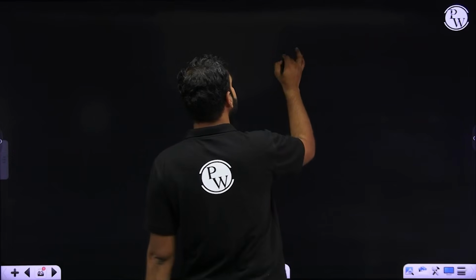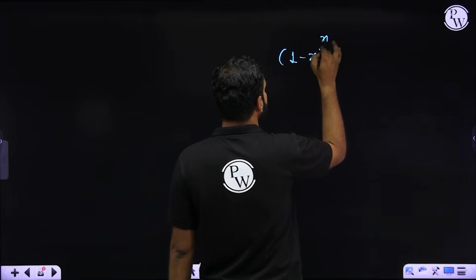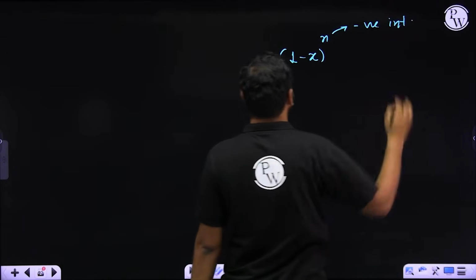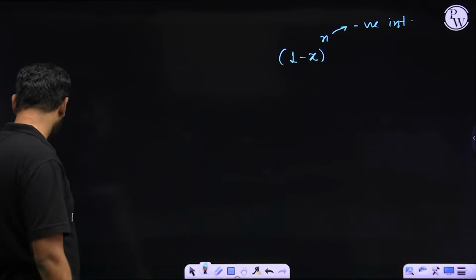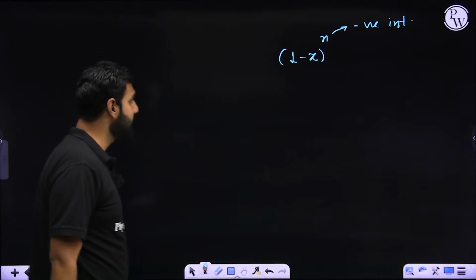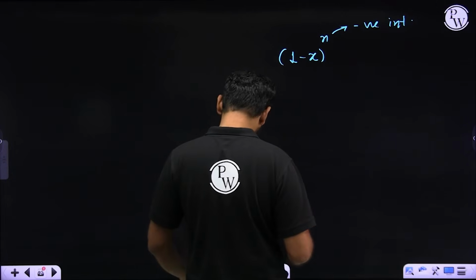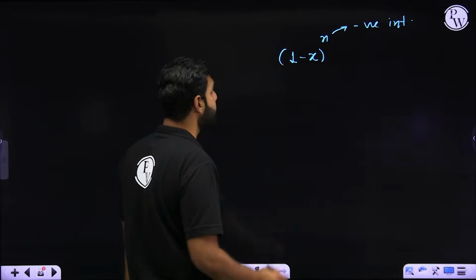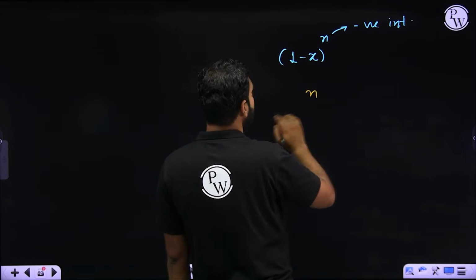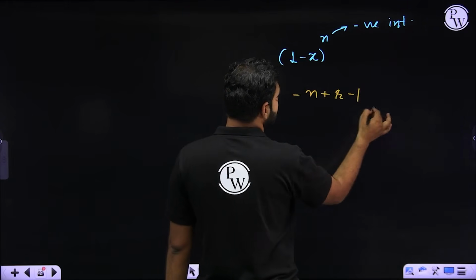Let's say we have this expression 1 minus x to the power n. Always remember that here n is a negative integer. In this case, let's say we have 1 minus x to the power n or 1 plus x to the power n. Then what you deal with is the coefficient here. The coefficient which you need to bring into picture will be minus n, I'm taking its negative value, so if it was negative, I'll take its negative value, plus r minus 1 C r.